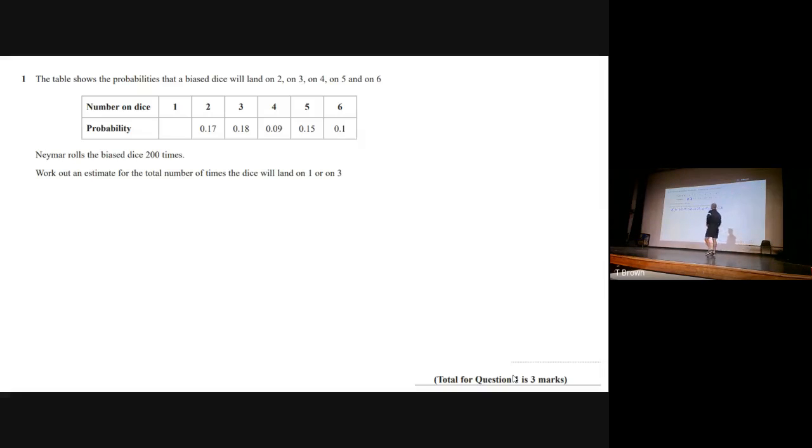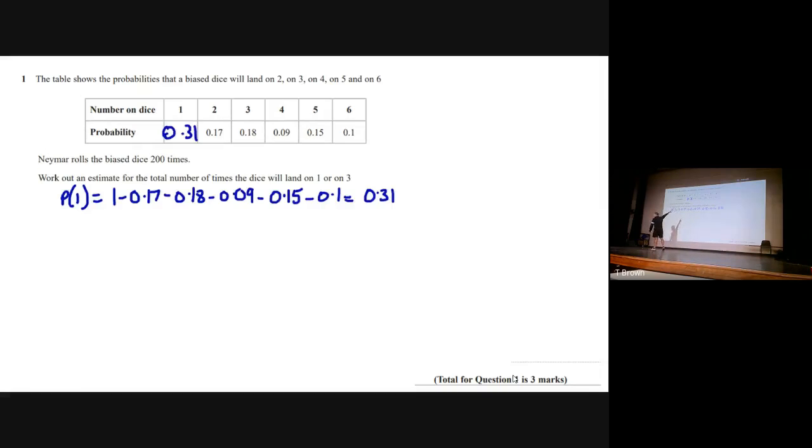So the probability of it landing on 1 is 0.31, because then they will all add up to 1. It's certain it's going to land on one of those numbers.